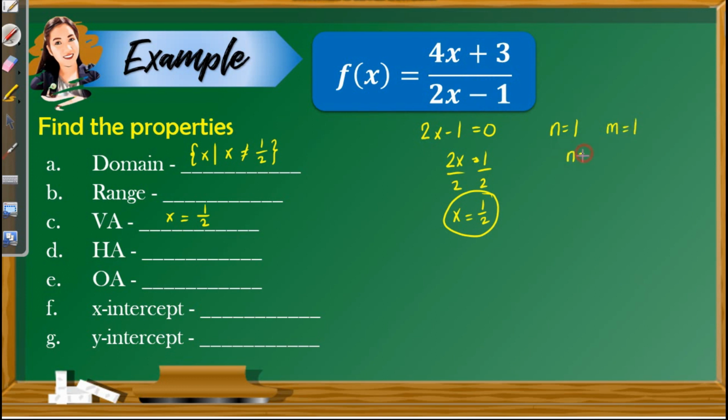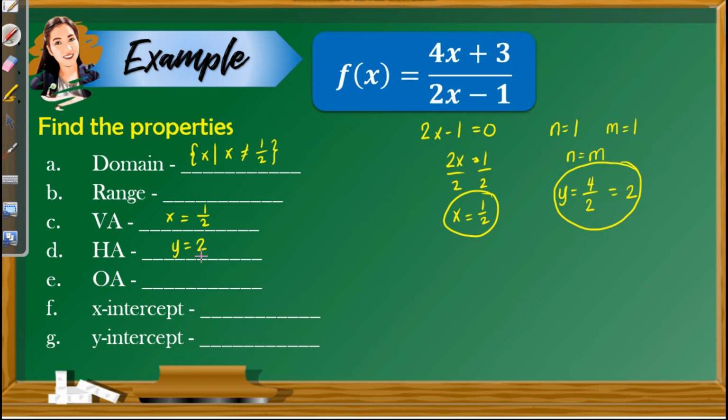Since n is equal to m, take note that in getting the horizontal asymptote, we need to get the leading coefficient of the numerator, and that is 4, and then the leading coefficient of the denominator, which is 2, and dividing these two, we have y equals 2. So this gives us the horizontal asymptote, y equals 2.